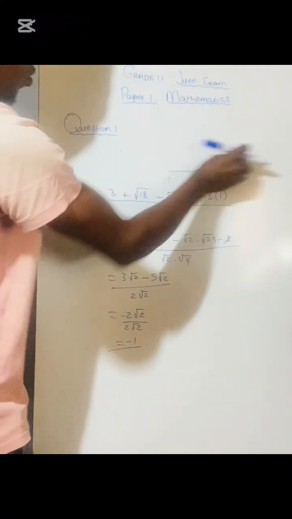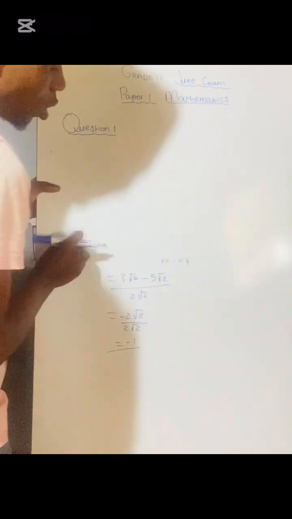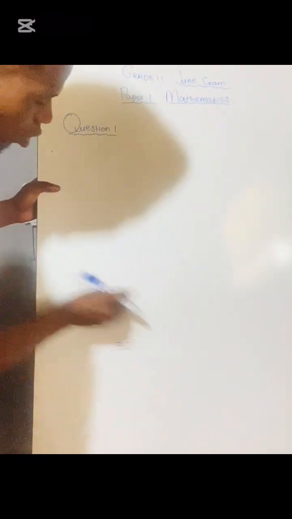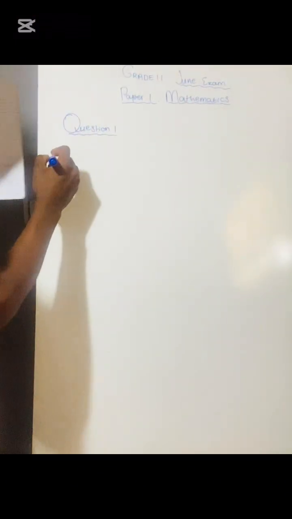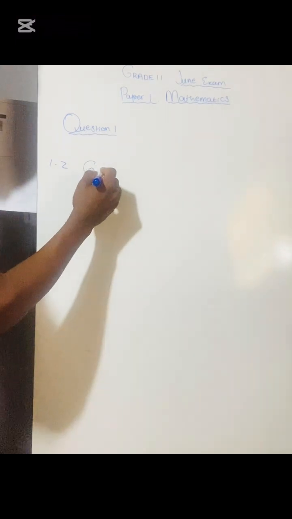The second question, it says given we have 2 to the power of x. So let me write it down on the board so that you can see. Okay, so 1.2, they are saying given.